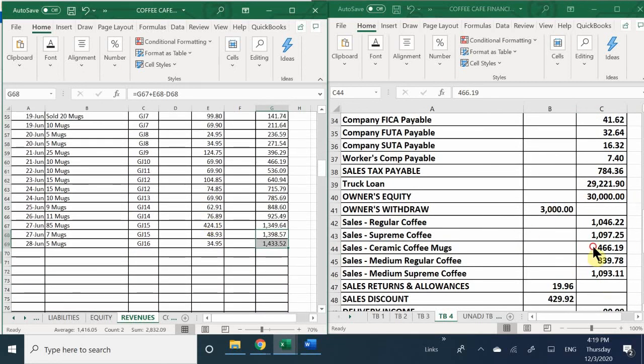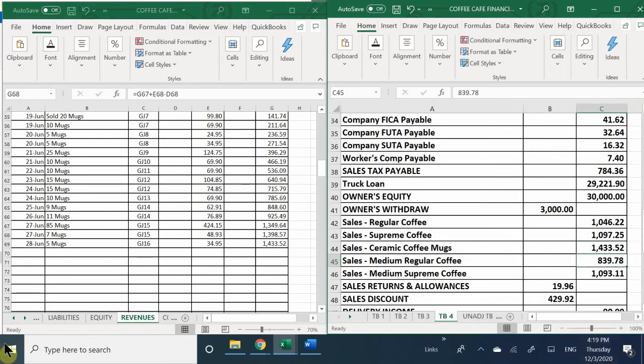What about our sales for medium coffee? We've got to do the sales of the ceramic mugs first. Oh yeah, sorry. Sales of the ceramic mugs: $1,433.52. Okay.